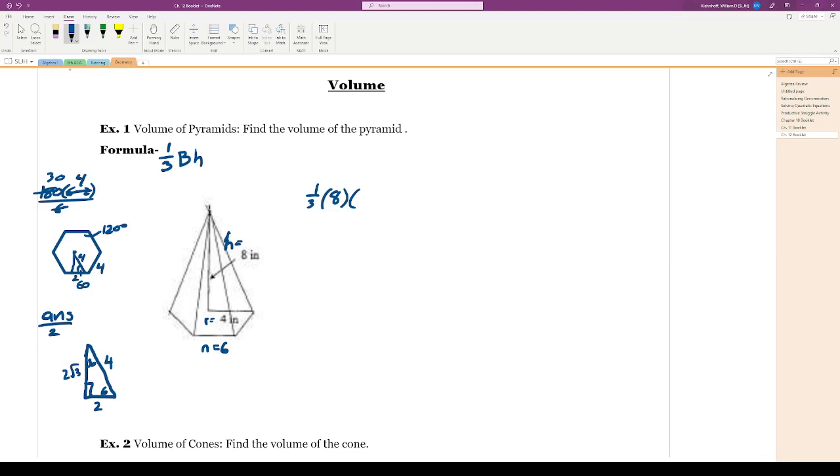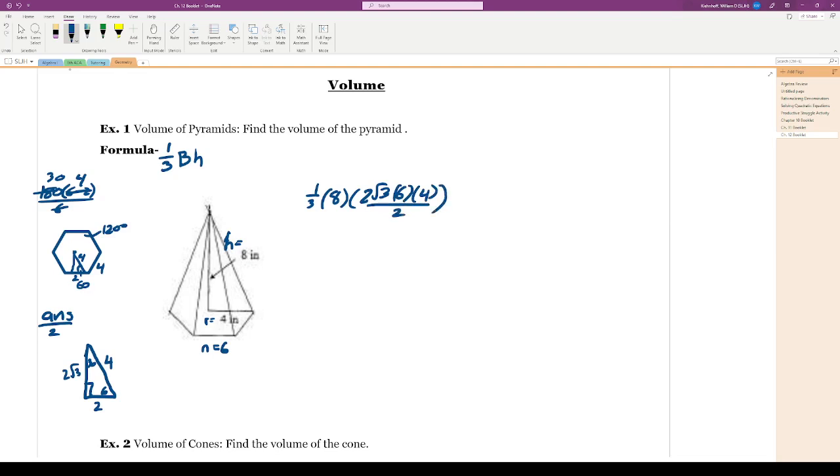We know that relationship. So my area of my hexagonal base is going to be my apothem, 2 root 3, times my number of sides, 6, times my side length, 4, all divided by 2.